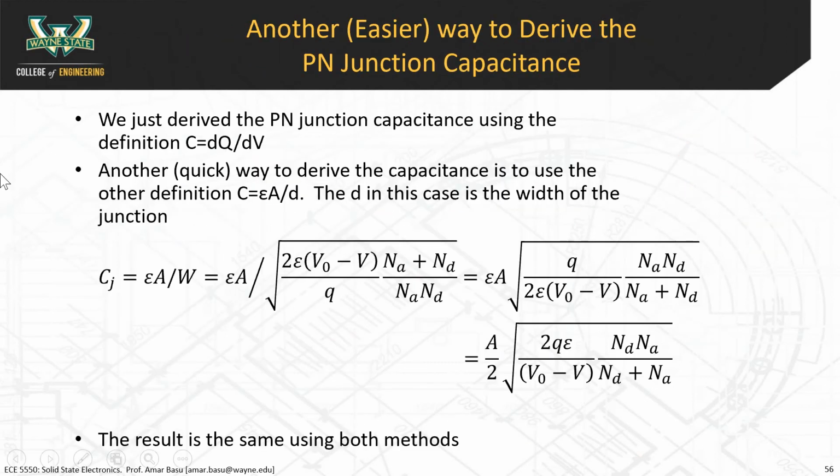So that's what we're doing here. Capacitance is equal to epsilon A over D, and we just replace the D with the W here. All right, so it's epsilon A over this whole square root thing, because this is the formula for the width. What's epsilon again? Epsilon, good question, is the dielectric constant.